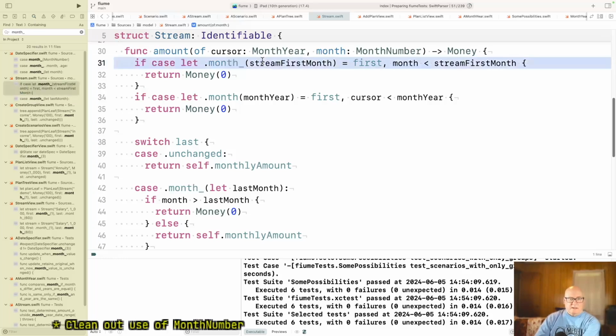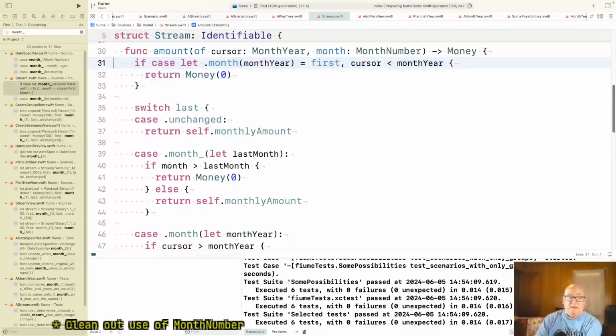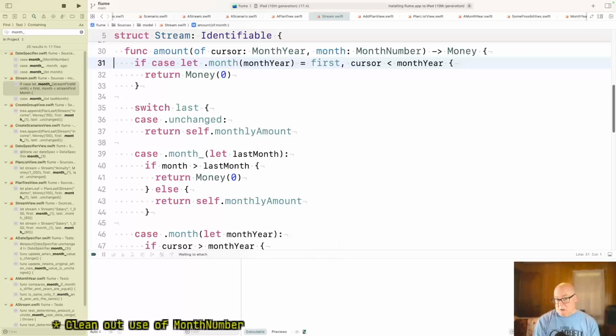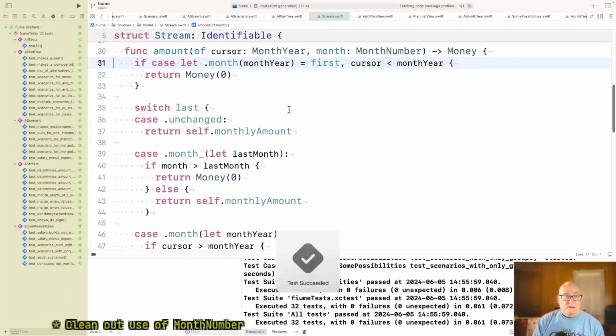Okay, so my claim is we cover this. We never produce month numbers anymore from the user interface, I believe. And so if I take this out, there should be like a failing test, but it's not a legit test anymore. The production side doesn't use it.